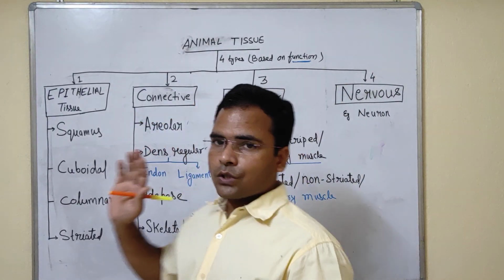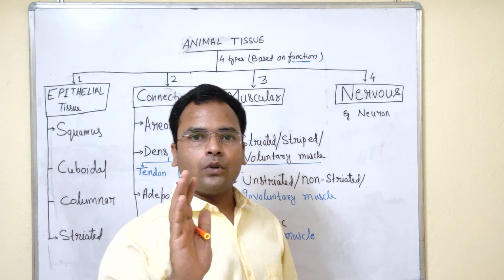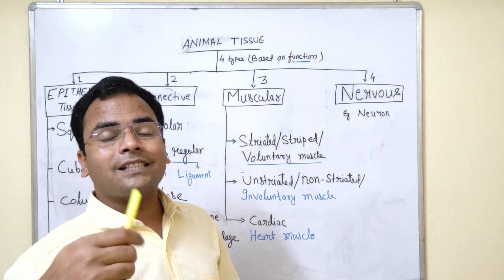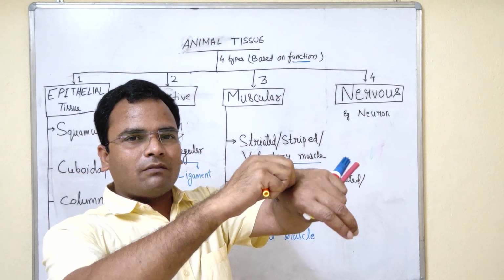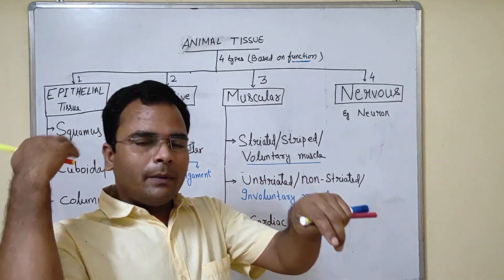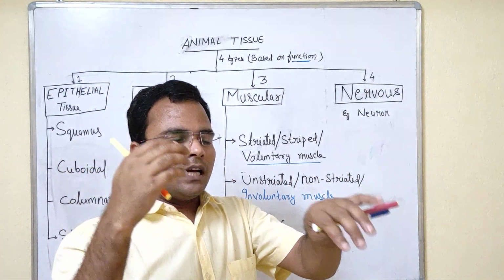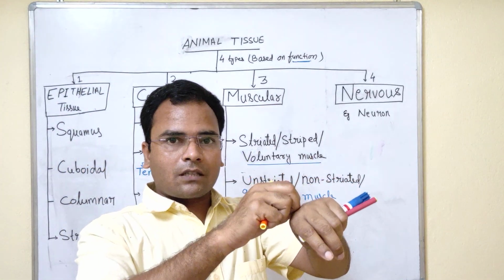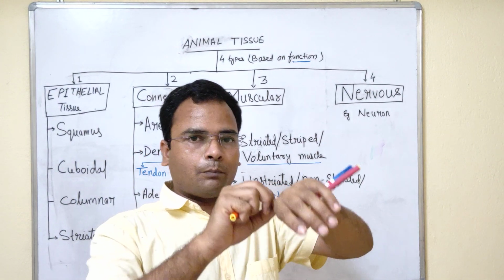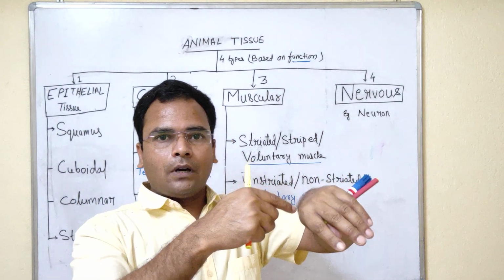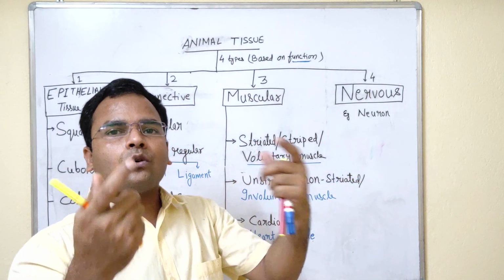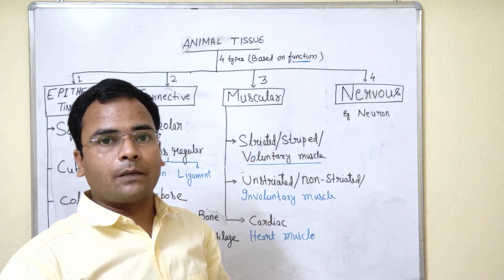What are nervous tissues? Those tissues which are responsible for the conduction of impulses. Suppose someone is pinching here and immediately we get the message, and all of a sudden we pull our hand away if someone is pinching us. How does this happen? How is it possible?